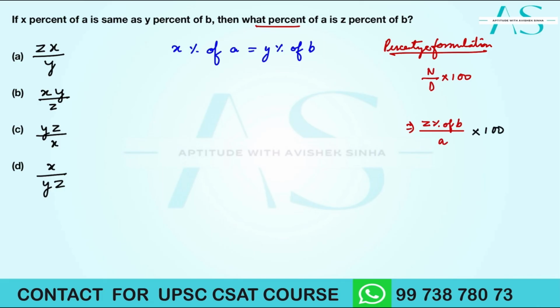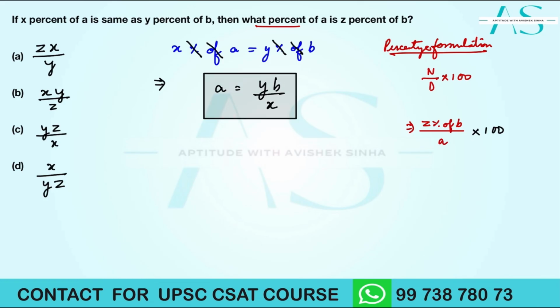Now, क्या मैं यहाँ से कोई डेटा यूज़ कर सकता हूँ and replace it with these values? तो मैं देख पा रहा हूँ that this percentage symbol and percentage symbol of B can be cancelled out. So X into A is Y into B, or A is equal to YB by X. Now, what if I write the same here?